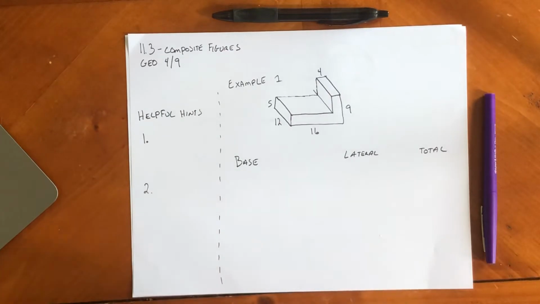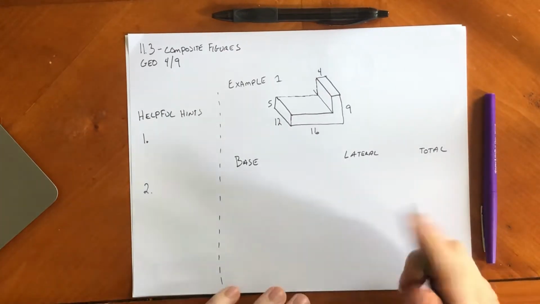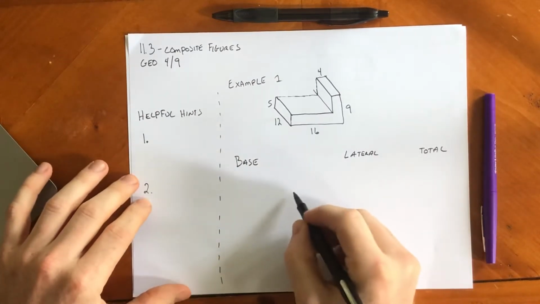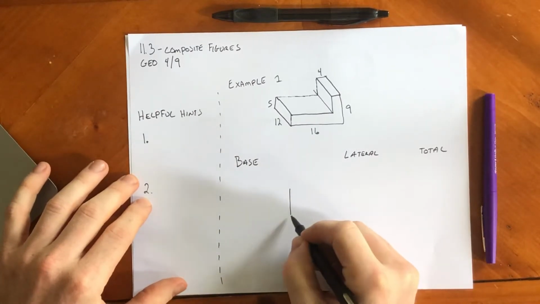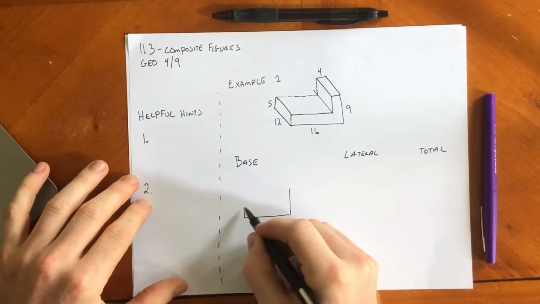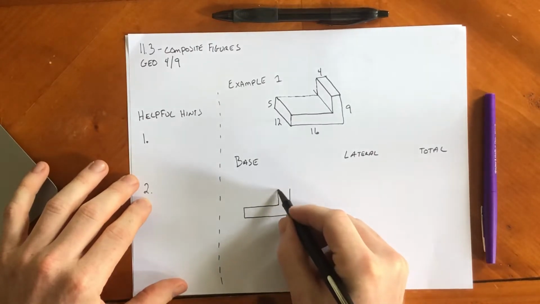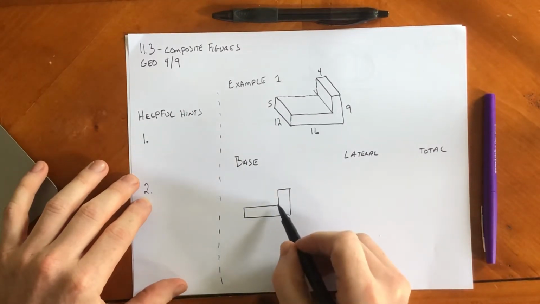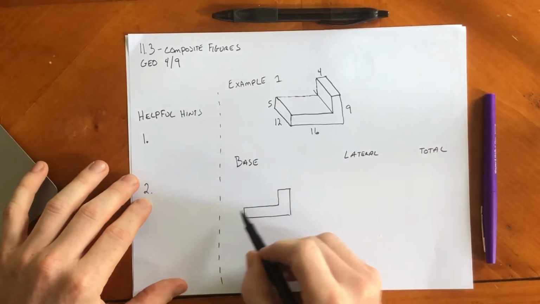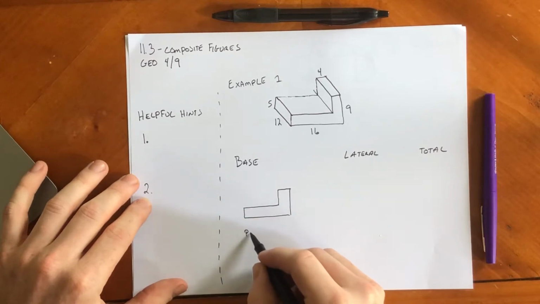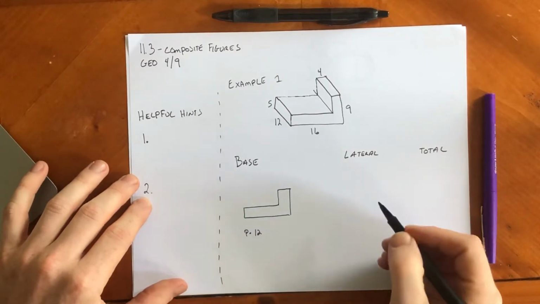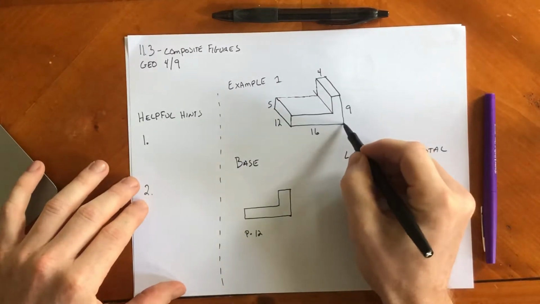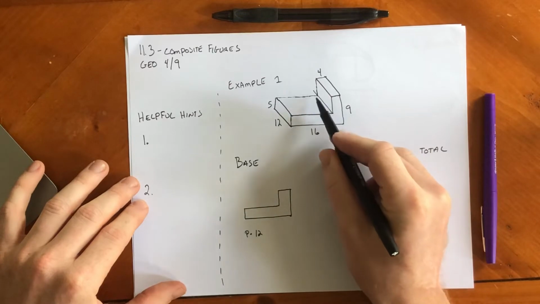Example one, so you have kind of this crudely drawn, yours is nice, but mine's kind of crudely drawn L shape, right? When I do this, I like drawing the base. So I'm gonna go ahead and draw the base for you here, right? And we're gonna try to find the lateral area, which is gonna be the perimeter of this base times the height. So I'm gonna find the perimeter, and I'm gonna multiply the perimeter by 12, because if you think about it, this base stays consistently all the way through the shape, right?